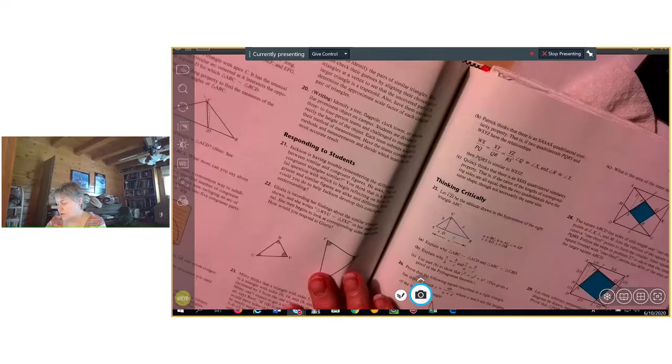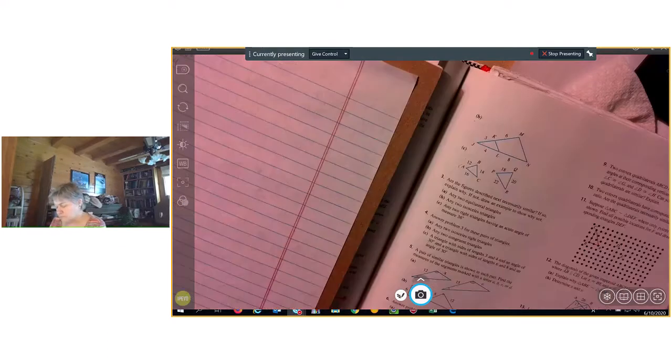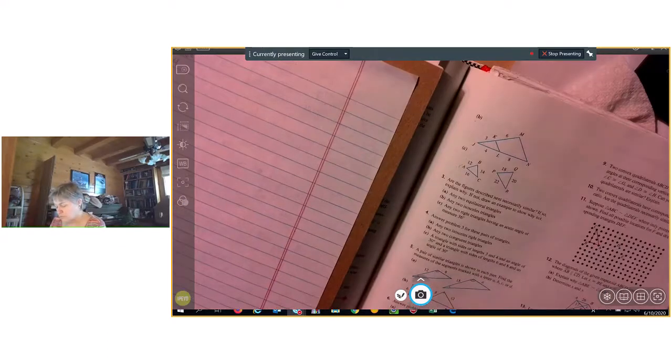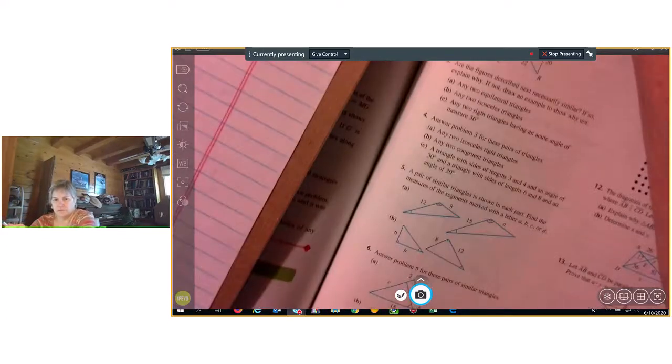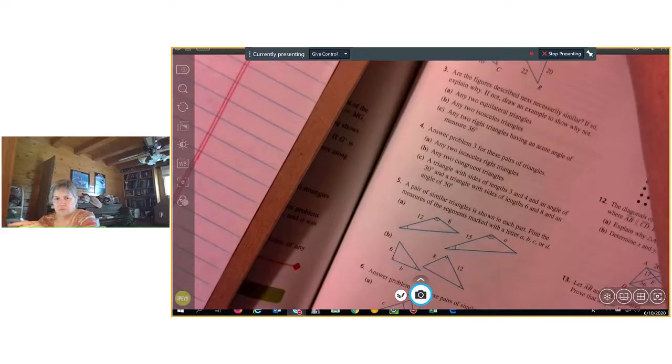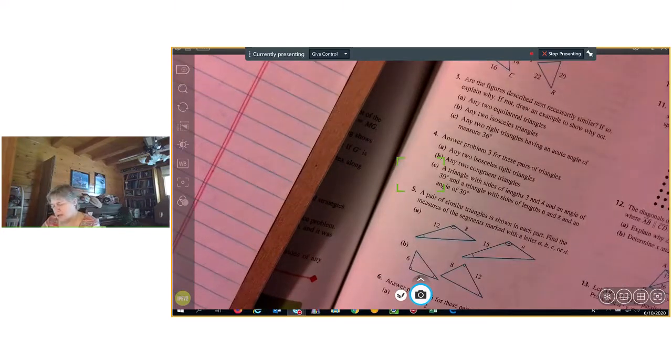Well, those are constructing things, and I don't want to construct anything right now. So look at number 5A. It says a pair of similar triangles is shown in each part.